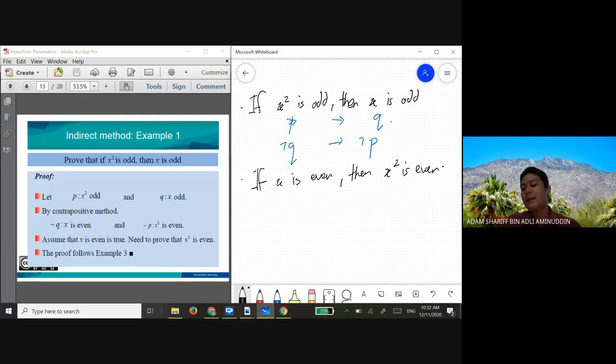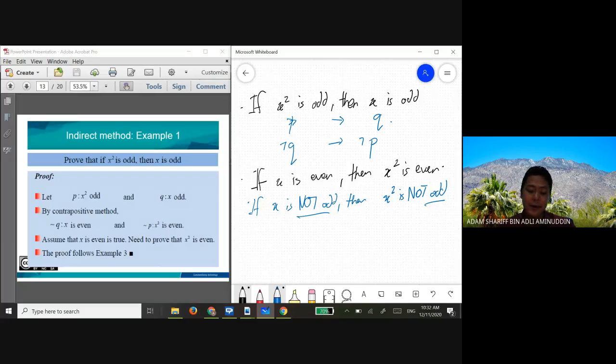Alright. Some of you, pada awalnya kalau kita ambil pendekatan yang lebih mudah, saya percaya ada setengah student directly dia cakap if x is not odd, betul sebab saya dah ajar not kan, then x squared is not even, odd, sorry. However, in the integer world, if it is not odd, then it should be even and vice versa.